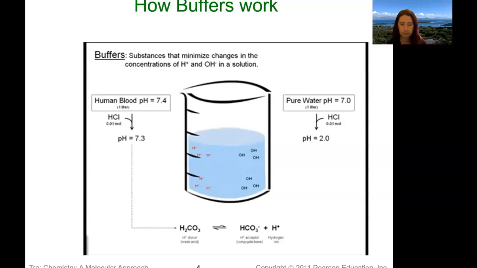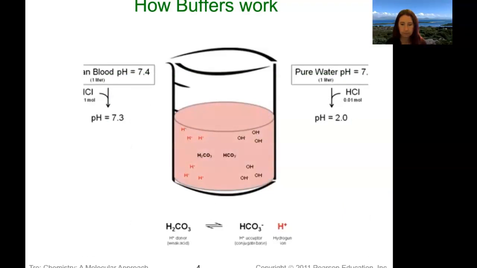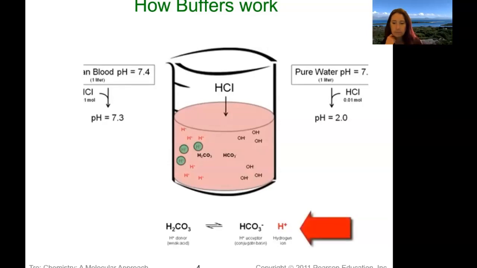Now, if we focus on the illustration here in the center, we can illustrate how a buffer works. Human blood contains a buffer, and under normal circumstances, if we were to add an acid to human blood, initially the proton concentration of blood would increase. But since we have a buffer, it prevents that increase from being so great. The protons in the solution will combine with the conjugate base, as shown in the equation at the bottom.